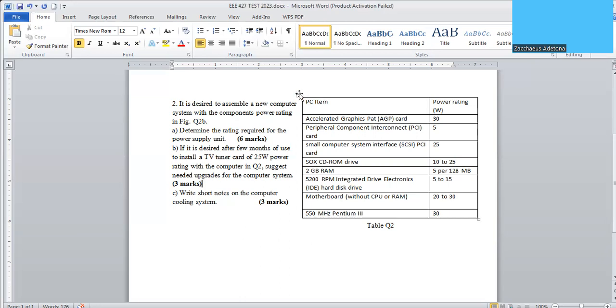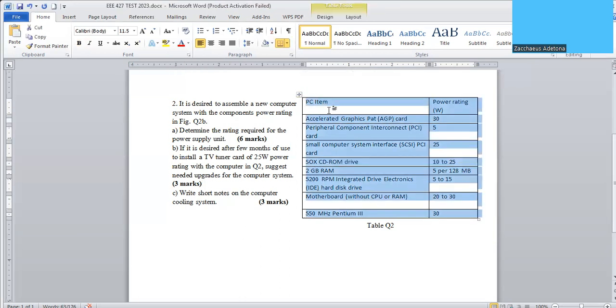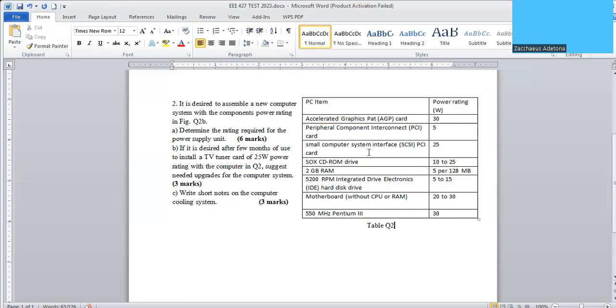Now look at the table for number 2. We have various items here, such as the accelerated graphic card, AGP, and peripheral component interconnect, that's PCI. The power rating is also here. 30 watts for the AGP, 5 watts for the PCI, and then SCSI PCI card, 25 watts.